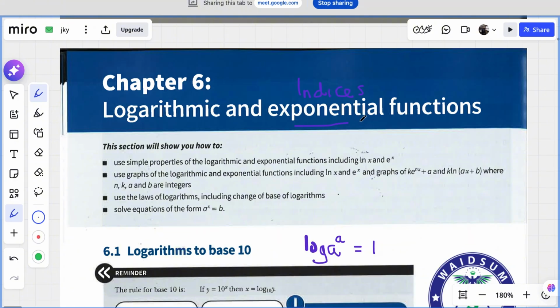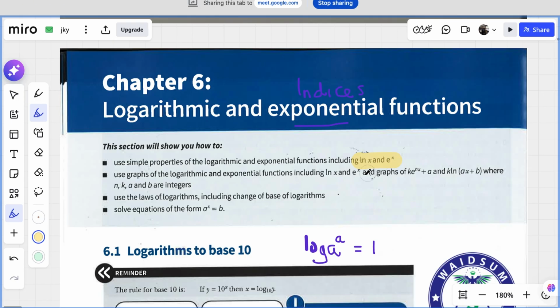Here we use simple properties of logarithm and exponential function, including ln x and e^x. These are two concepts that we will be very familiar with and will be using throughout this chapter: ln x, and e raised to the power of something.